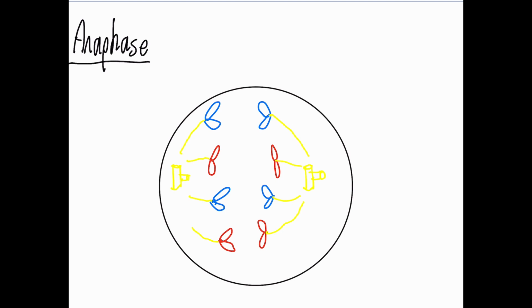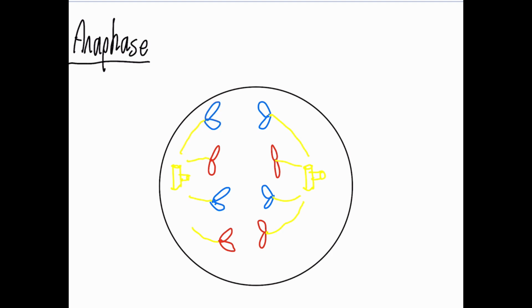Now, the way that this is split is due to these strings. These strings, turns out, they have become shorter. And since they have become shorter than what they usually were, it causes them to pull onto the sister chromatids. So it is said that the spindle fibers shorten and contract, and this causes the sister chromatids to be attracted to opposite poles of the cells.